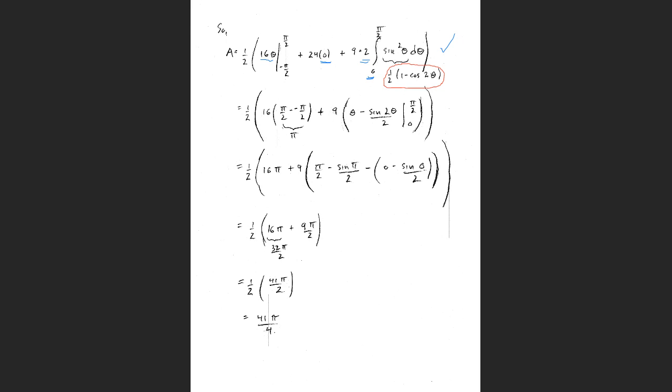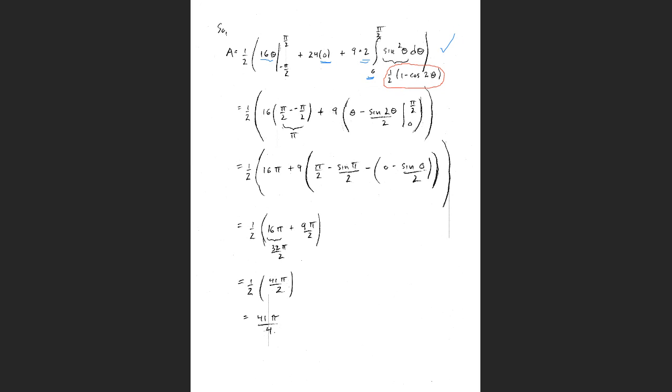Who's seen that identity before? Maybe in their trigonometry class. Okay, Michael's seen it, and there's one for cosine squared also. Your textbook has a section on trigonometry.